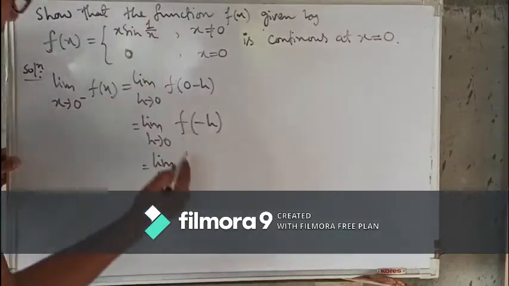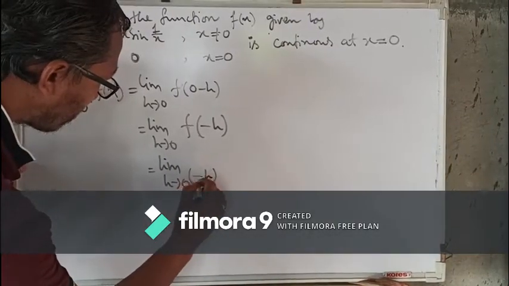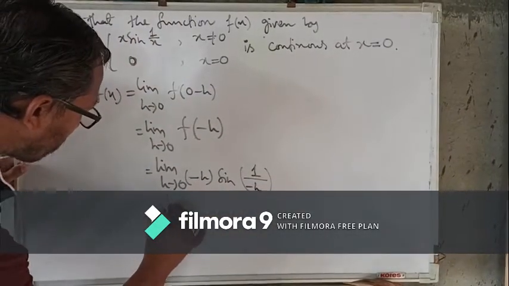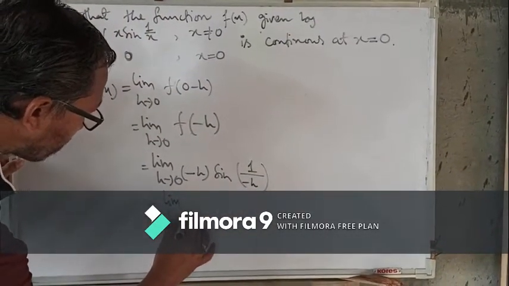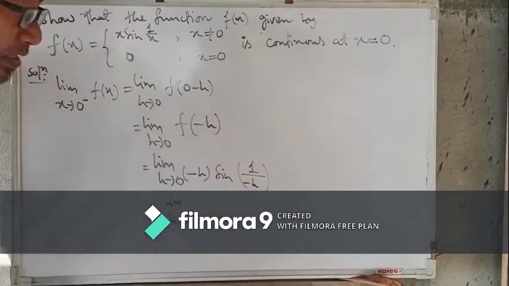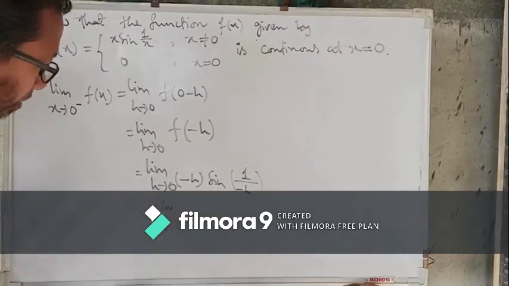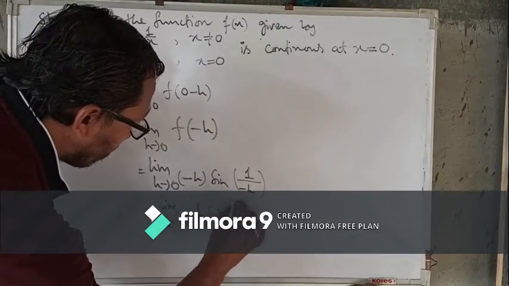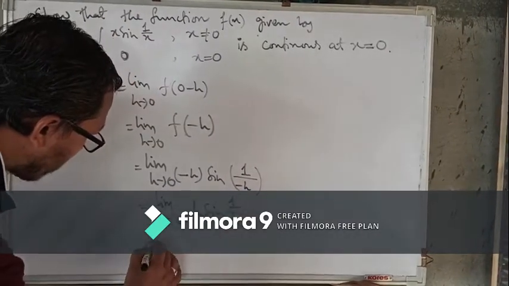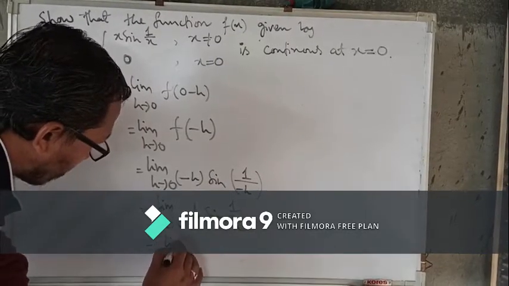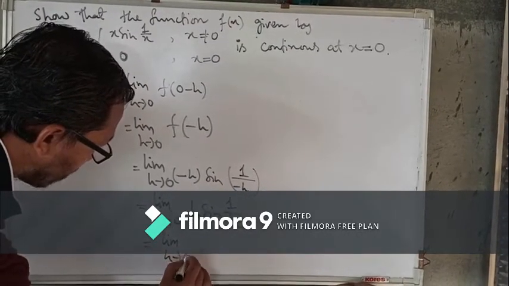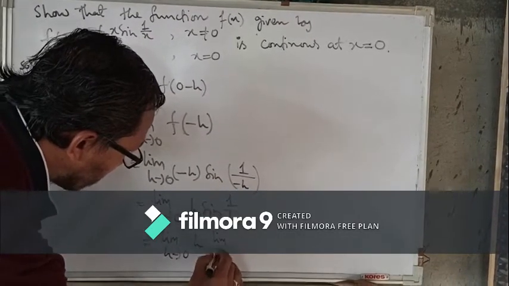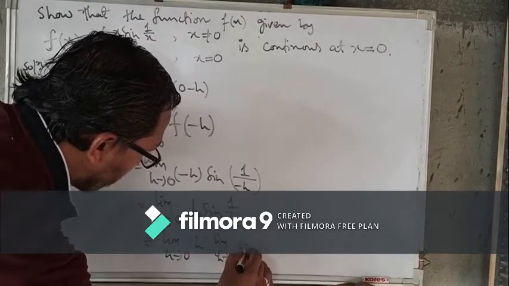So we have to apply this: minus h into sine of minus 1 by h, equal to limit h tends to 0. Sine of minus theta is minus sine theta, minus and minus will be plus, so it will be h sine 1 by h.